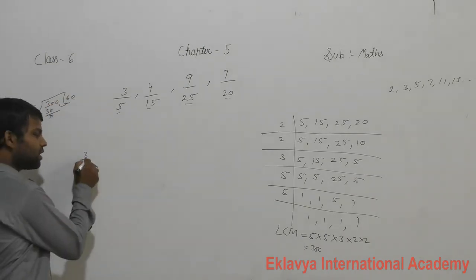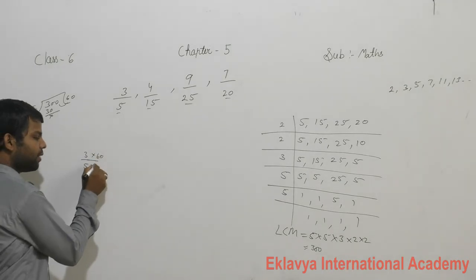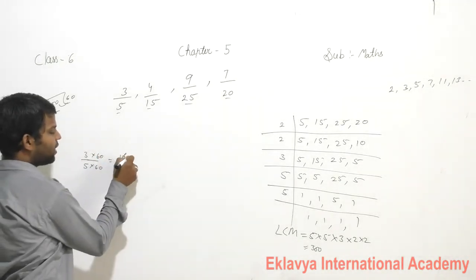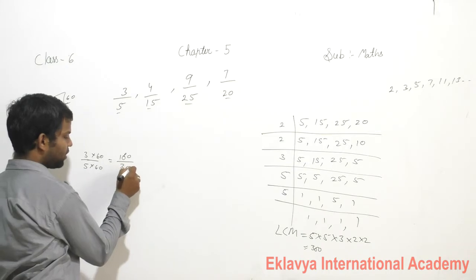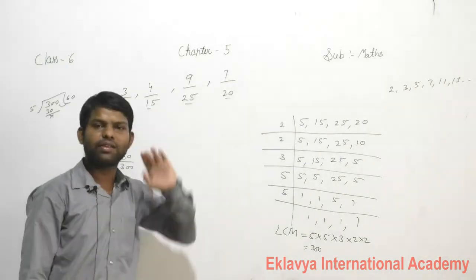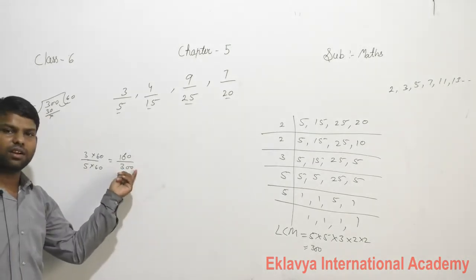So we multiply both numerator and denominator by 60, then we get 3 times 60 is 180 upon 300. It means in these fractions we convert the denominator to 300.